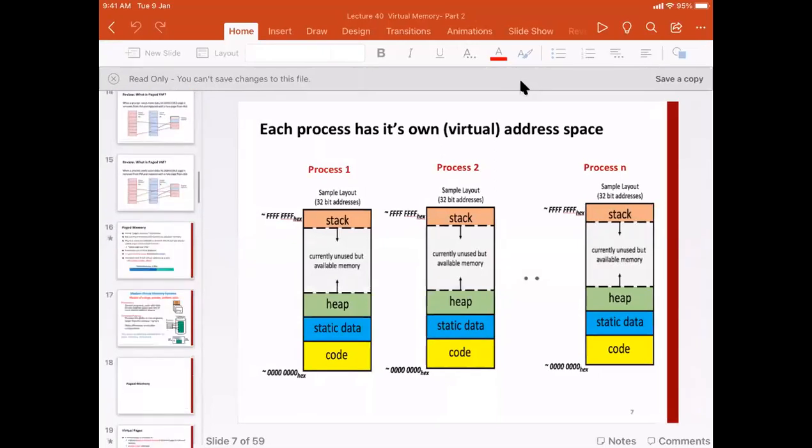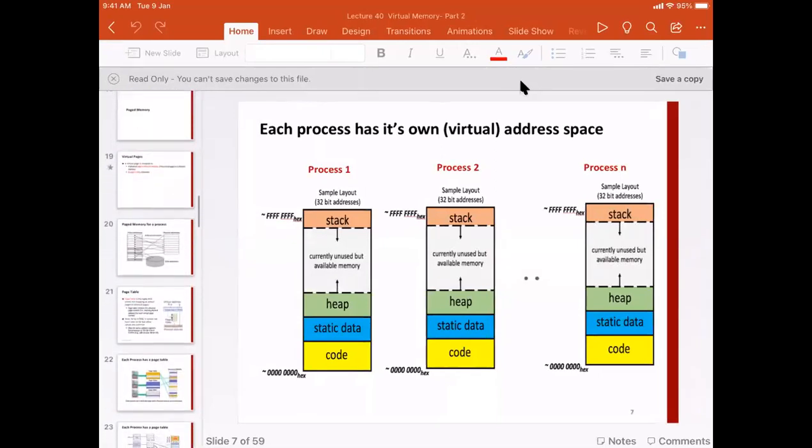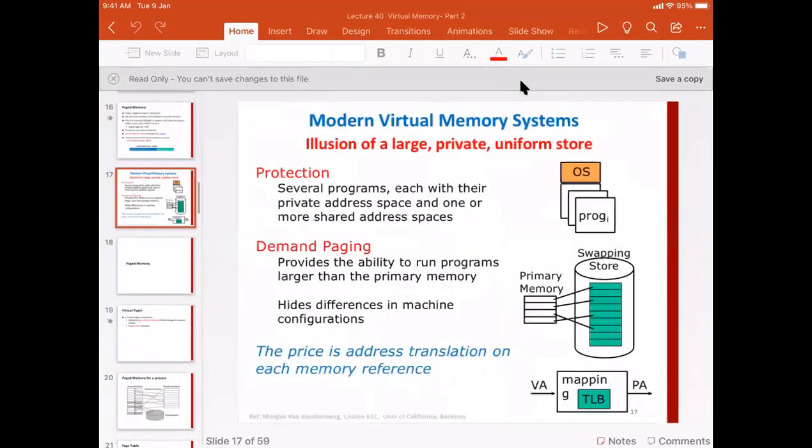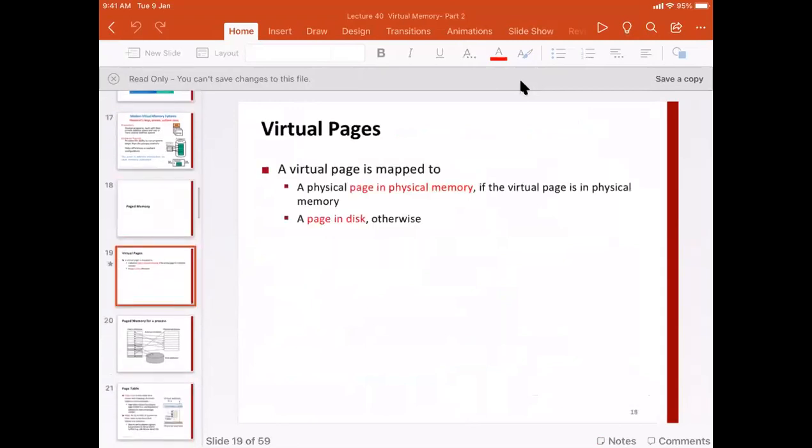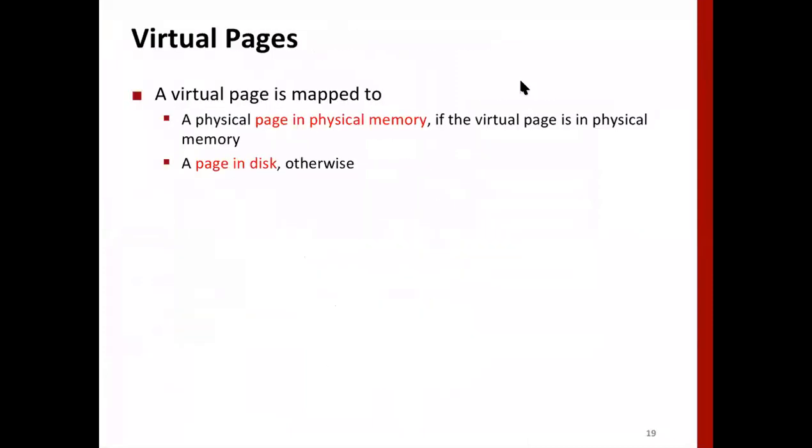Let's go back to where we were. Now let's move ahead. We'll get into details. We have a concept of virtual pages. A virtual page is mapped to a page in physical memory, which we have seen in the previous example.